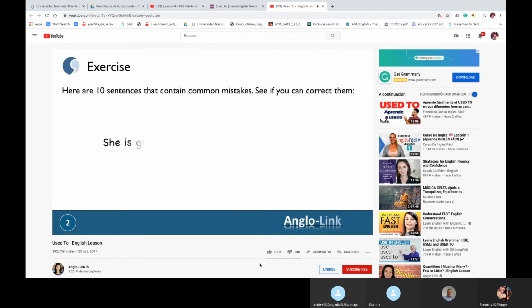Number 2. She is gradually getting used to get up early. After get used to, you need to use the gerund form. She is gradually getting used to getting up early.